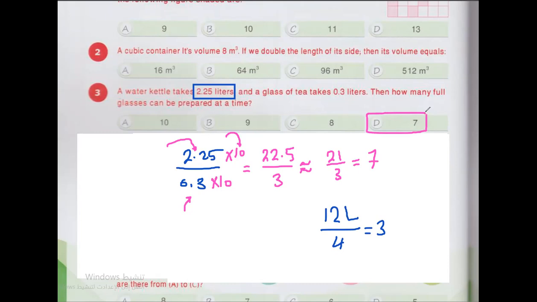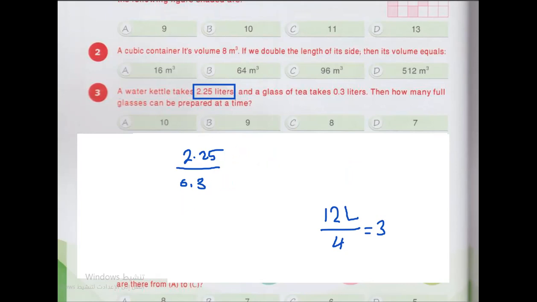Do you understand? Yes, teacher. Thank you, Fatima Sayyid Nasser. I don't understand. You don't understand? Okay, I will explain again. Do you know why we divide 2.25 by 0.3?